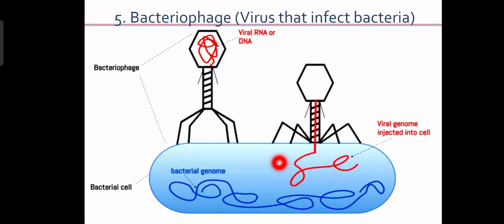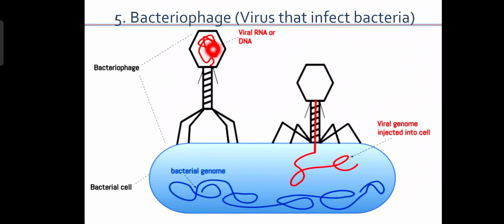So this is the bacterial cell, the bacterial genome. Here is the bacterial DNA, and this virus is attached to the bacterial cell, identifying its maltoporin, which is a specific protein present on the surface of the bacterial cell. With the help of these tail fibers, this bacteriophage attaches to the bacterial cell.